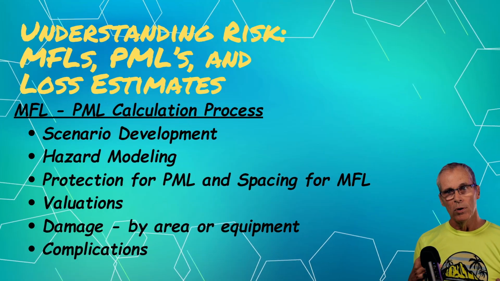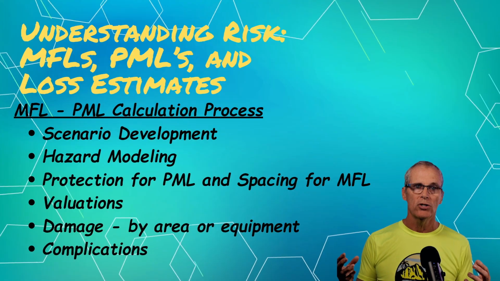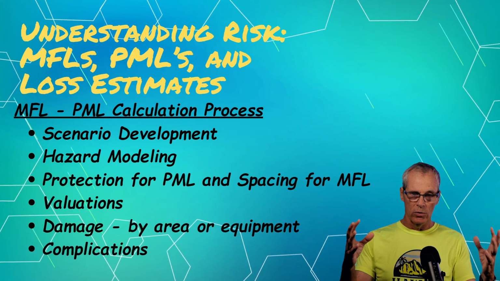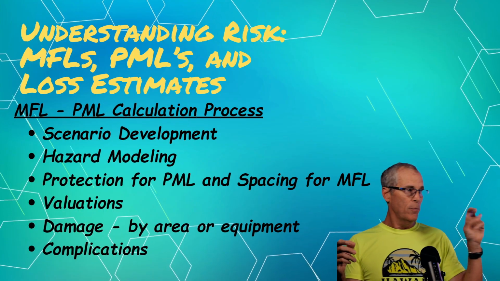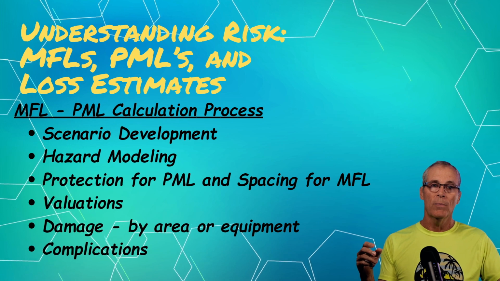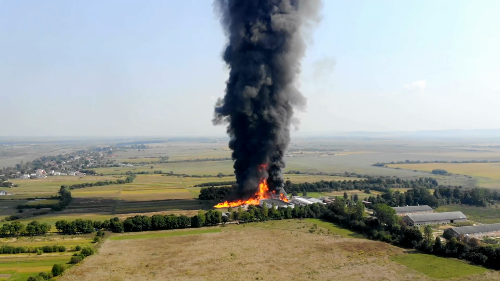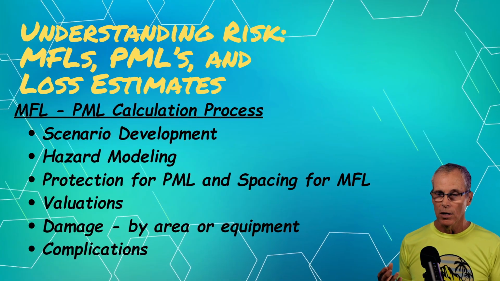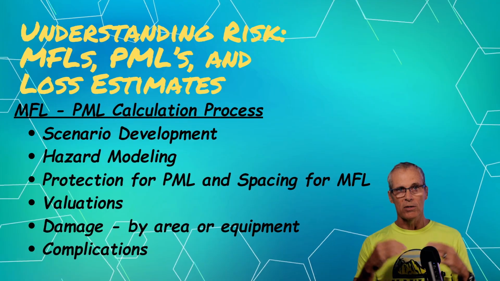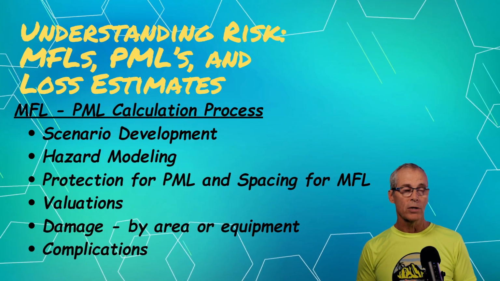We'll input factors like separation. We'll model this, and then we'll decide, do we have any potential for this vapor cloud to impact that part of the equipment or property? So once we've done a little modeling, we look at any kind of separation or protection. Then we get into valuations, and I'll talk some more about valuations, but this is part of the process for calculating the MFL.